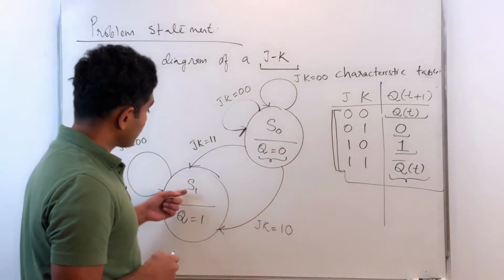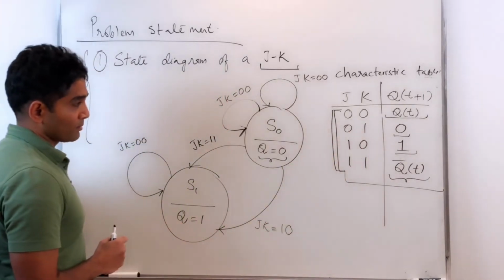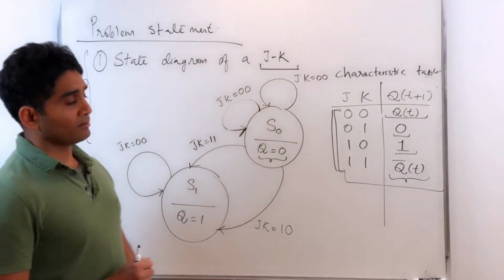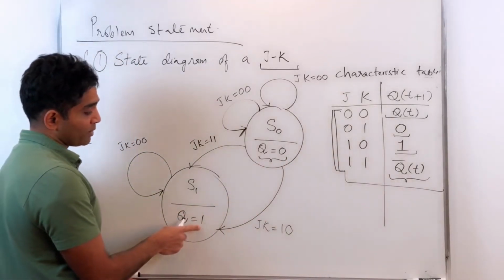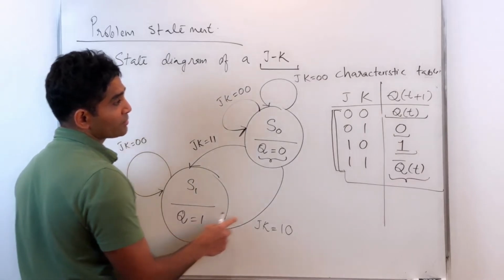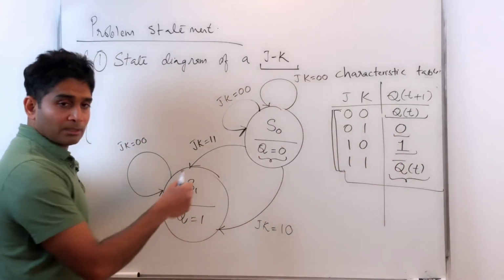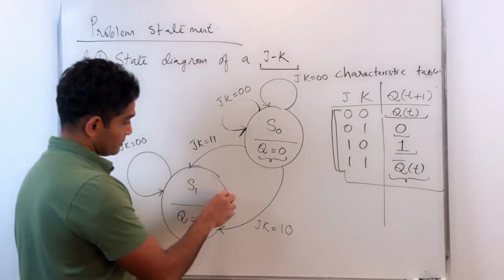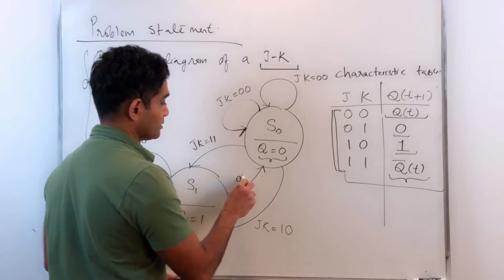Now I'm in S1 state. The input of 0, 1 occurs. All right. When I'm in S1 state, my output is 1. Now the output has to change to 0. So I have to transition to the next state with 0, 1.